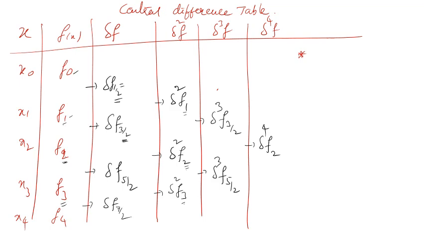And what is the note here? Note is that the differences delta power 2k f2, what is delta power 2k? It means even order central differences of f2 lie on a horizontal line.